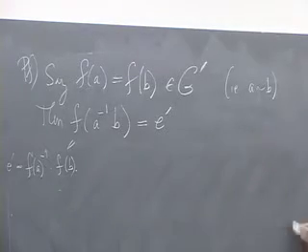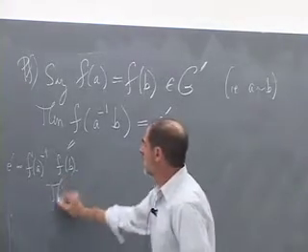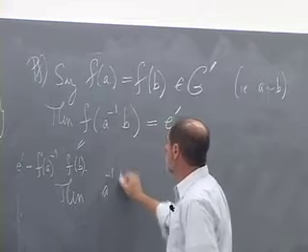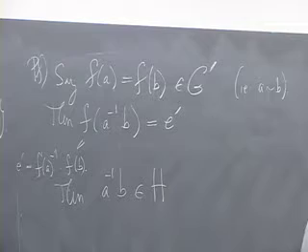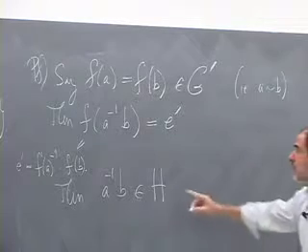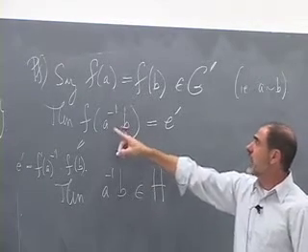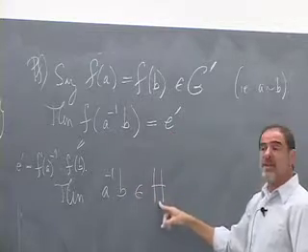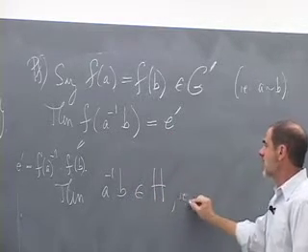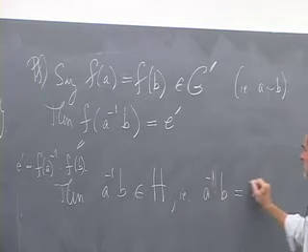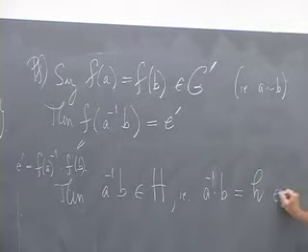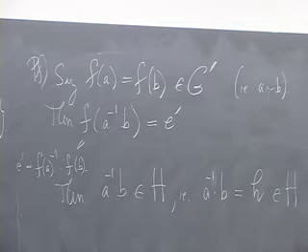Now that means a inverse b is an element in H. It's an element such that f takes it to the identity, so it's an element in the kernel, i.e., a inverse b is equal to some element h, which lies in the kernel.